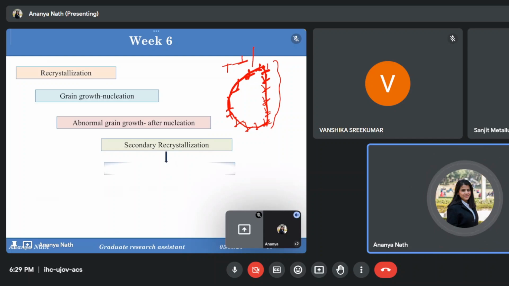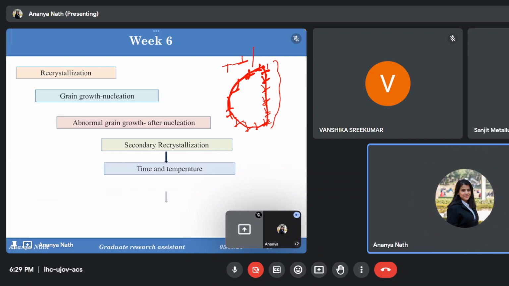And the reason for secondary recrystallization is the time and temperature. So we have to select the time and temperature very carefully. Otherwise, as I said, there is a range of time and temperature, also a range of cold working. If you go beyond that, there will be secondary recrystallization or some abnormal grain growth that we don't want.